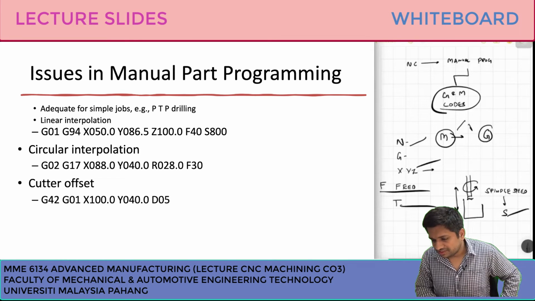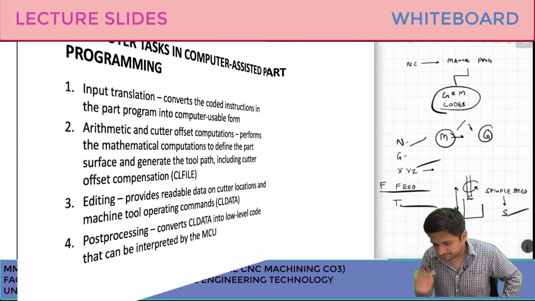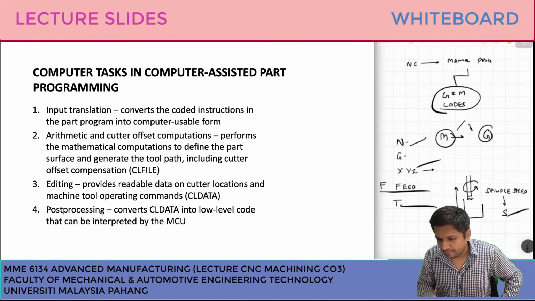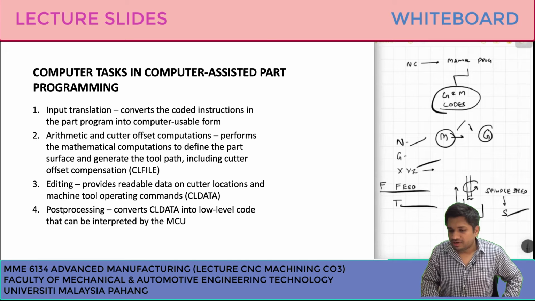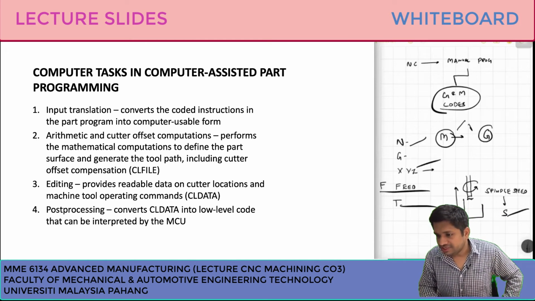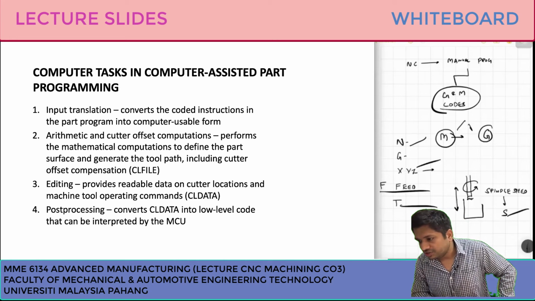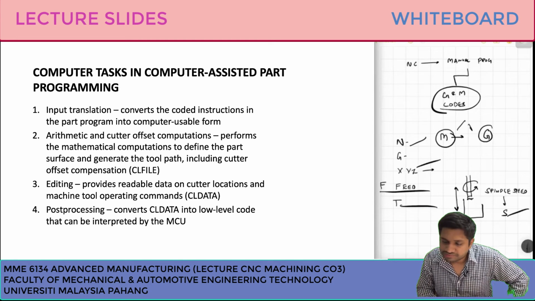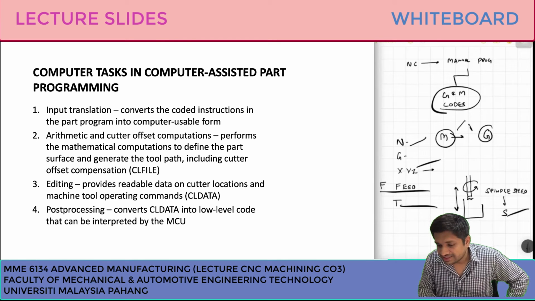Then we've got cutter offset. This is also something that I will talk about later. When we talk about computer assisted part programming, the name suggests that the computer is going to assist in the programming. We have different types of files which the computer is going to generate: the CL file, the CL data file, and post processing files, which is the MCU file.